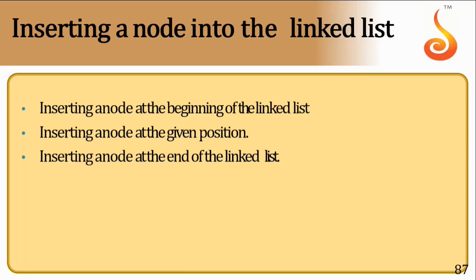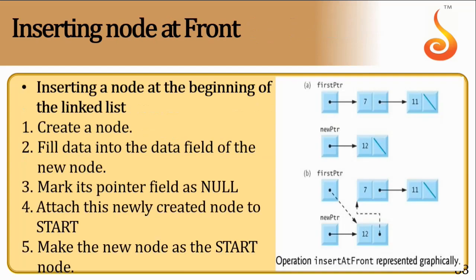But we can insert a node as the first node in an already existing list. So you already have a list and you have created a new node and then you want to make it the first node or the last node, that is in the end, and a given location is anywhere in between. All the three can be done.